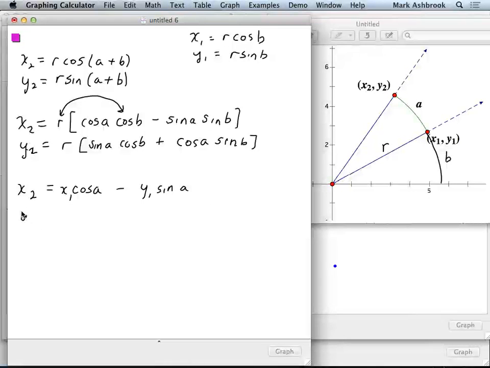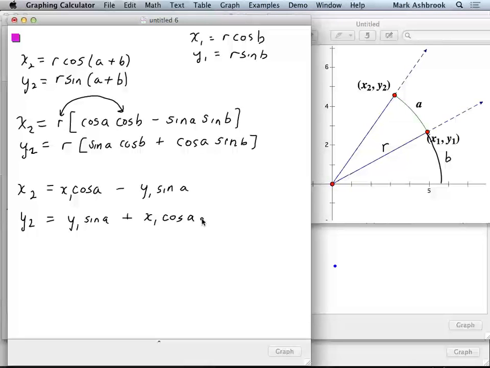And y2: apply the same thing. y1 sine A plus x1 cosine A. Look at that. Okay, so we got it.